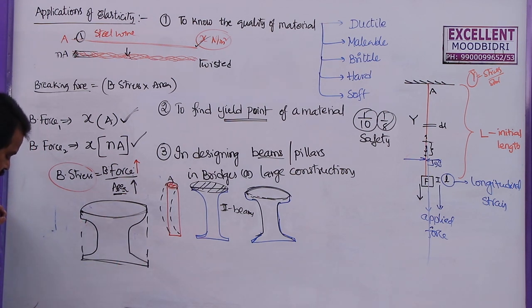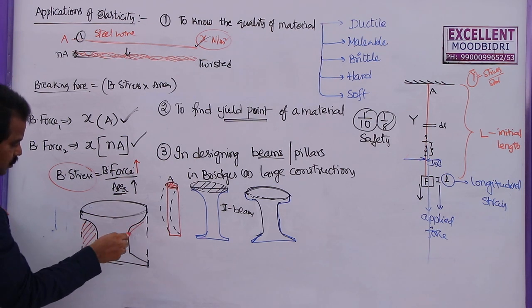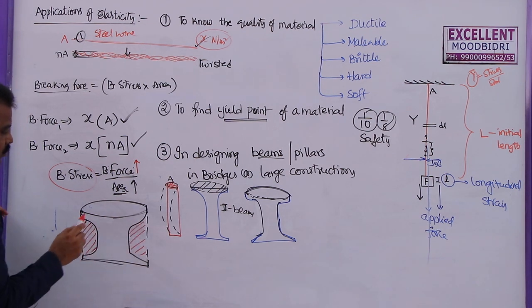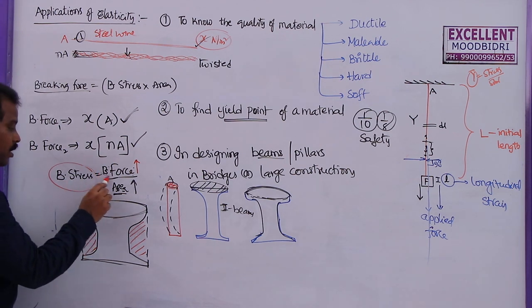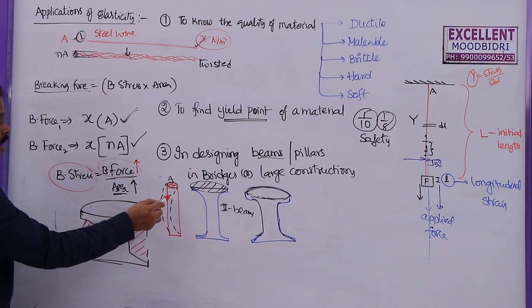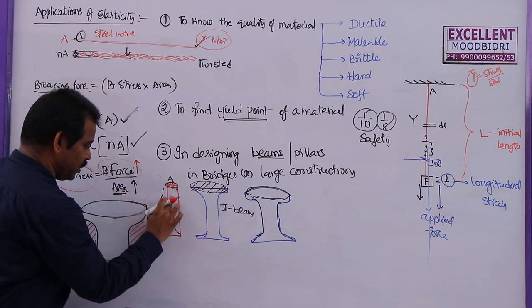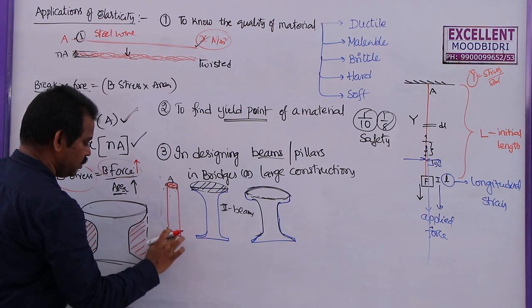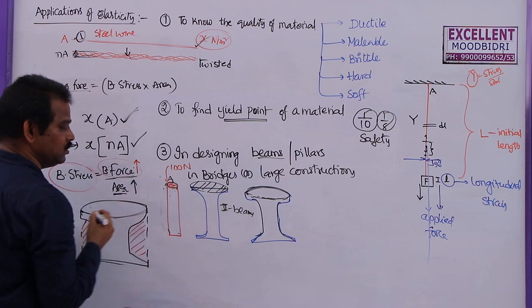So I am removing the material here, and making this into an I-beam. I-beams will bear more breaking force than ordinary beams. Why? Even if you take this rectangular beam, let us say it can bear 100 newtons.